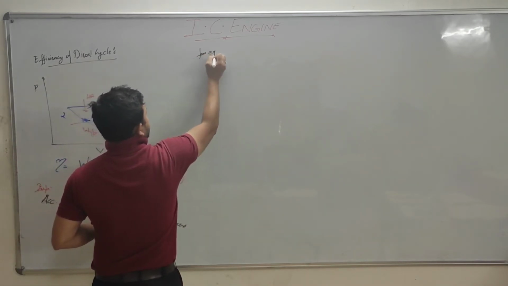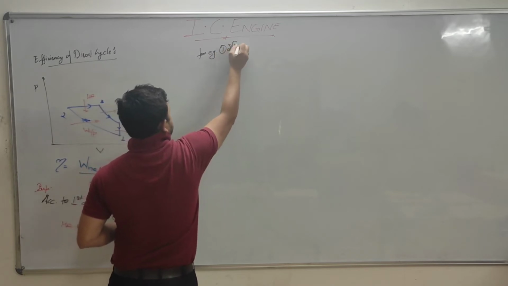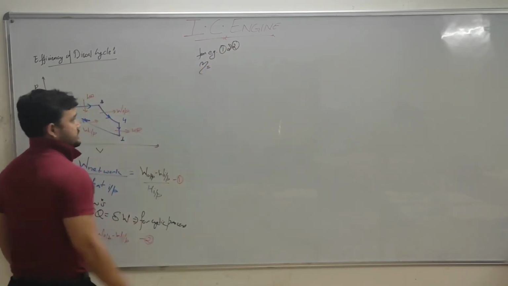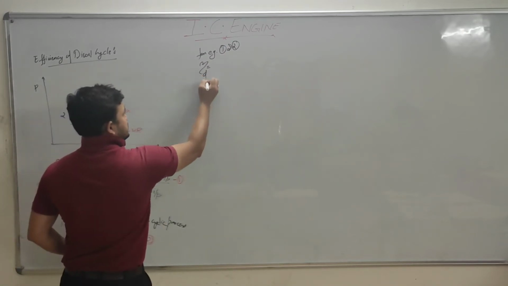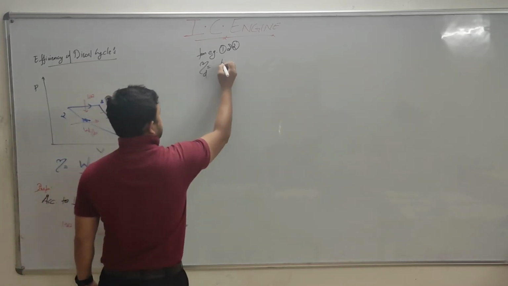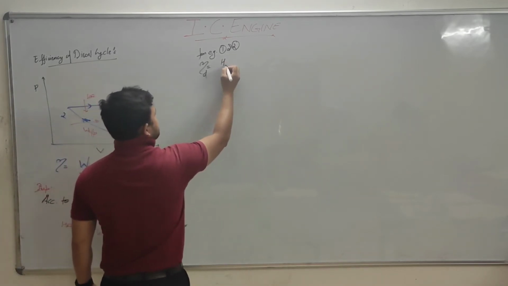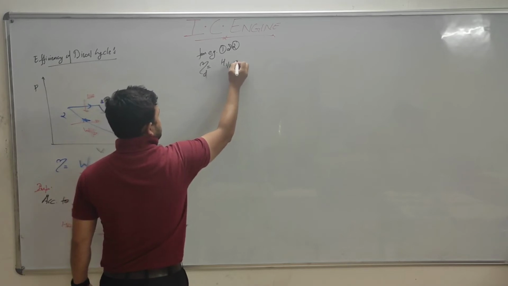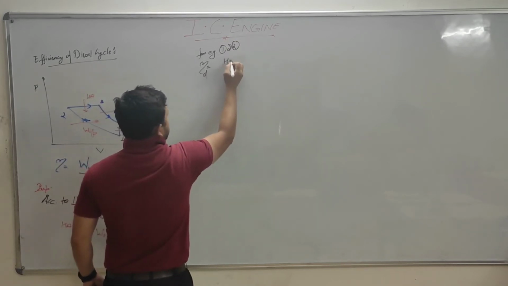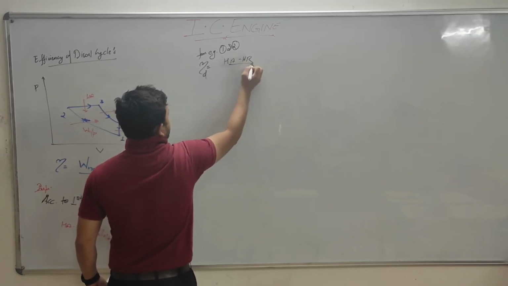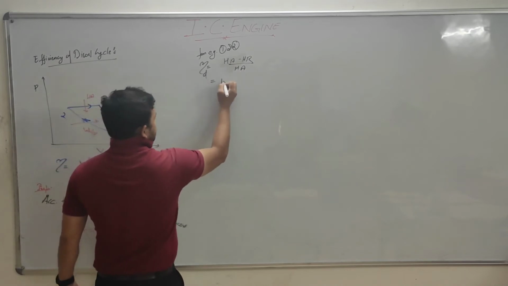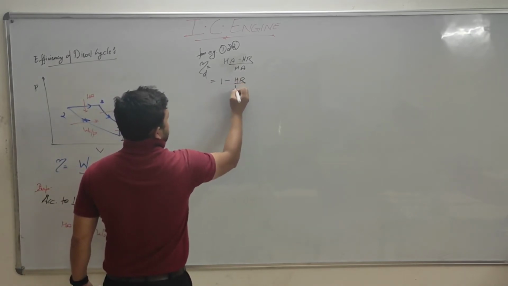From the first and second equations, you can write the efficiency of the diesel cycle is equal to heat addition minus heat rejection upon heat addition, which can also be written as one minus heat rejection upon heat addition.